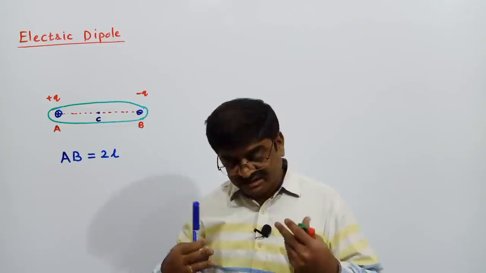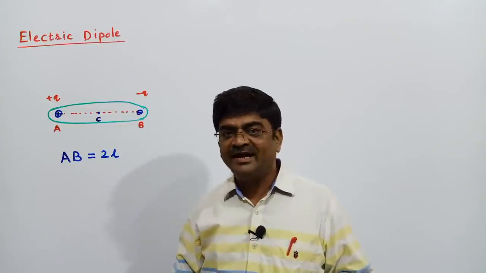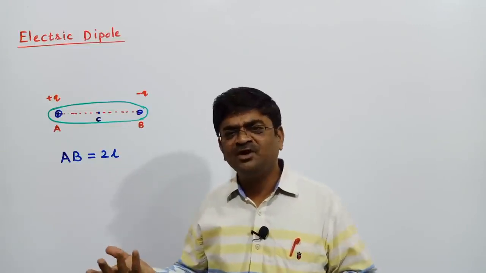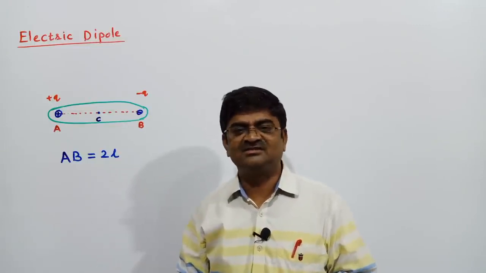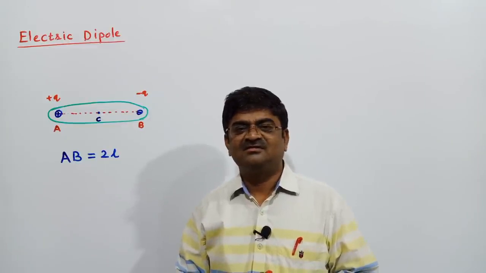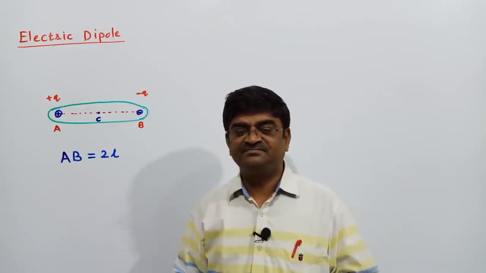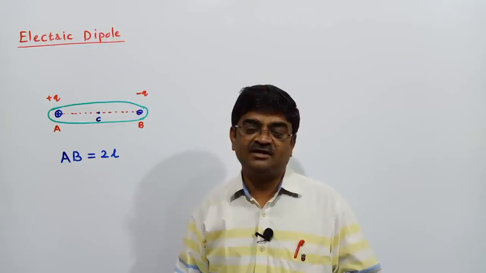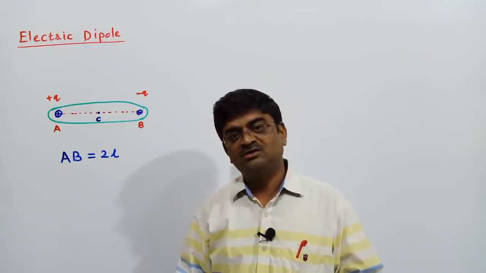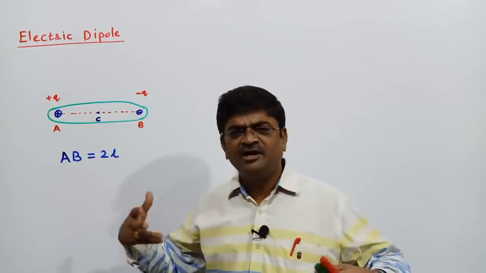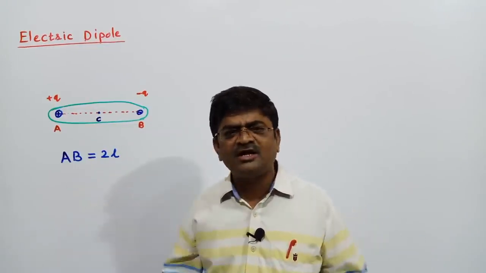Now as the electric dipole is nothing but a system of two equal and opposite charges, of such a system I am interested to know the strength, and how the intensity is, whether it is more or less.